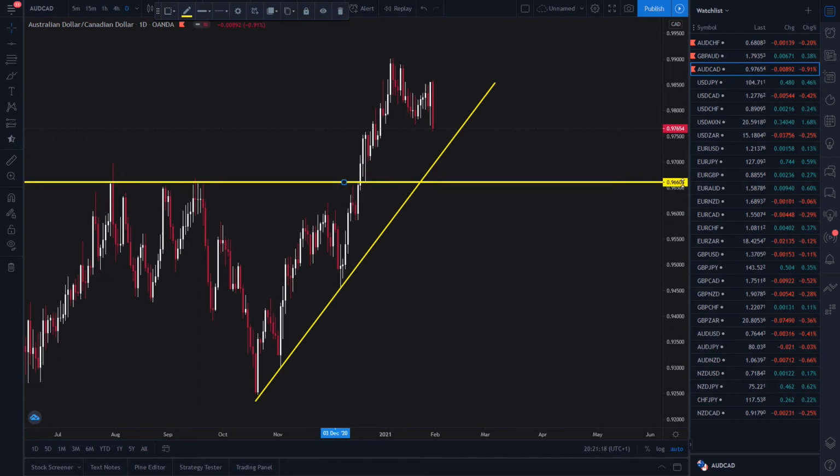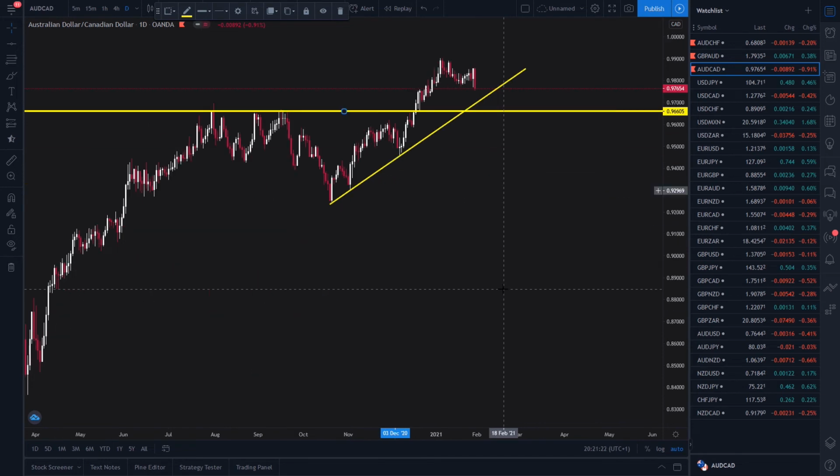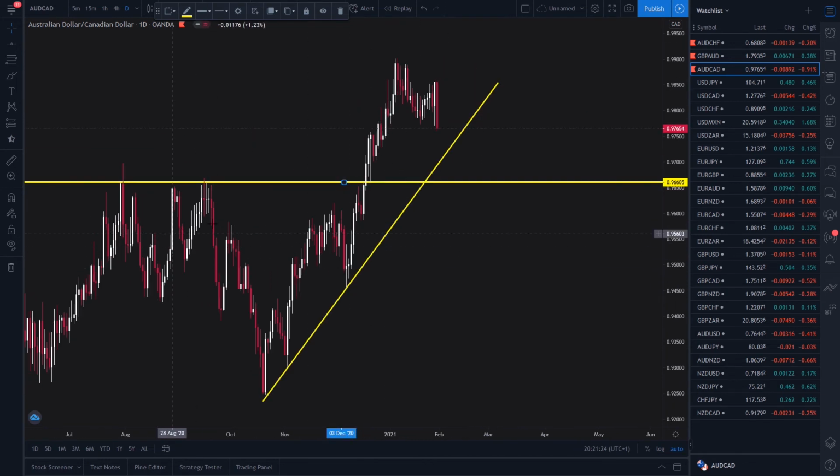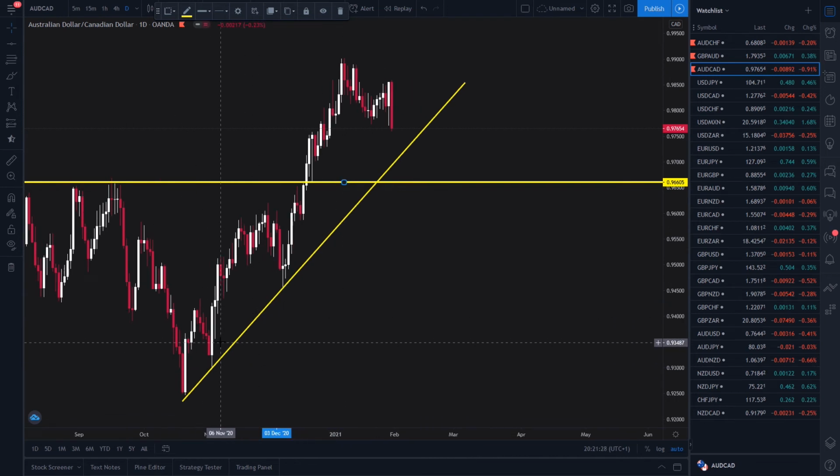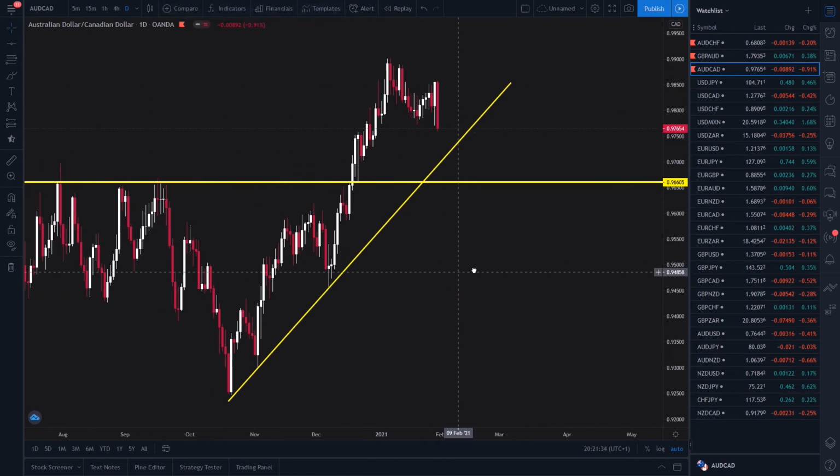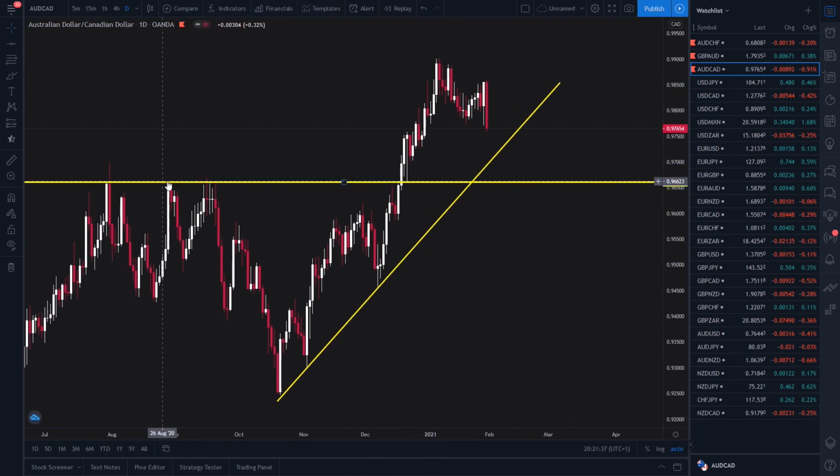I can go with 0.0, I will go with 0.5. But round numbers are strong numbers, remember that. So we broke it up. Probably this trend line wouldn't be confirmed again. So I'm gonna be looking for a buy on this level.